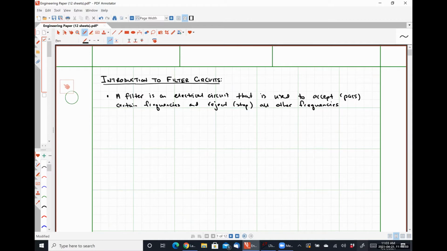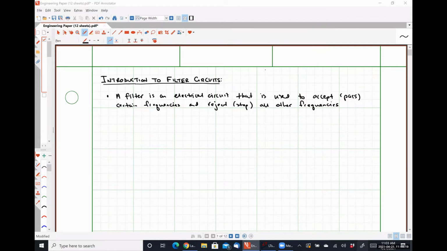There are four different general types of filter classifications, and so we'll talk about what those are right now.